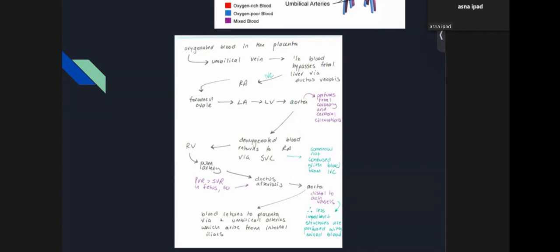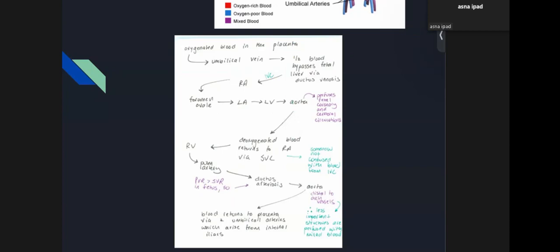So that causes a high spurt of blood that goes directly into the left atrium via the foramen ovale. Because of the high velocity and high pressure in the ductus venosus, the blood directly shunts into the left atrium, left ventricle, aorta, and supplies the coronary and cerebral circulations.